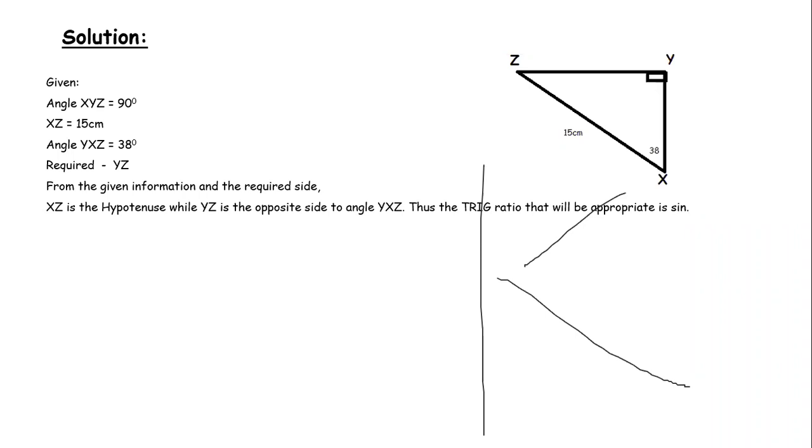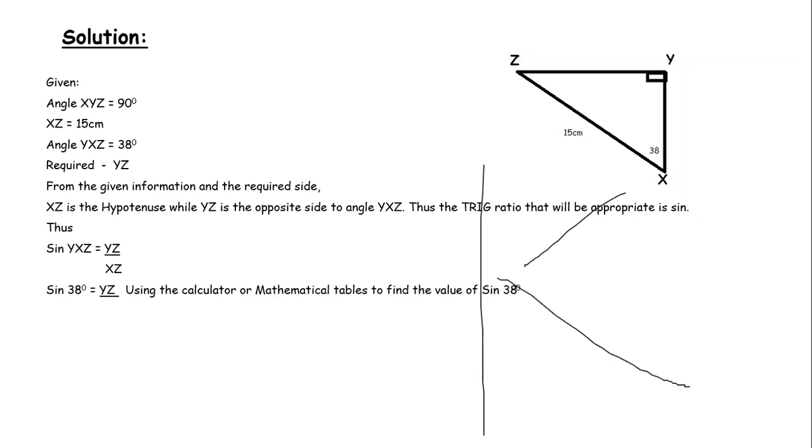Thus, the trigonometric ratio that would be appropriate is sine, because sine is equal to opposite over hypotenuse. Thus, we have the angle which we were given, angle YXZ, which is 38 degrees, is equal to the ratio of YZ over XZ.